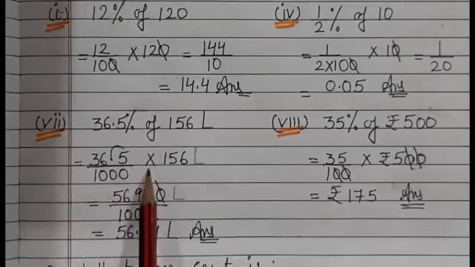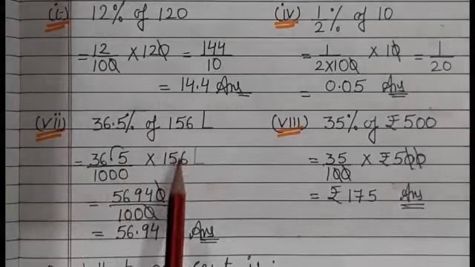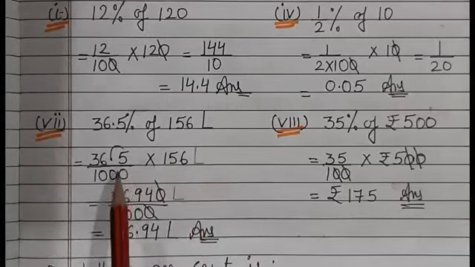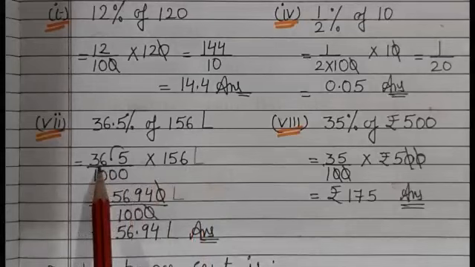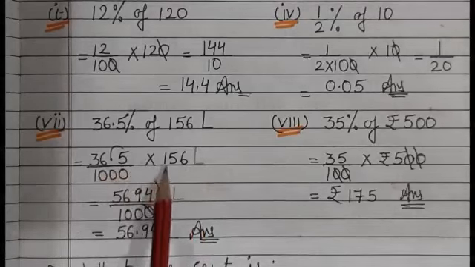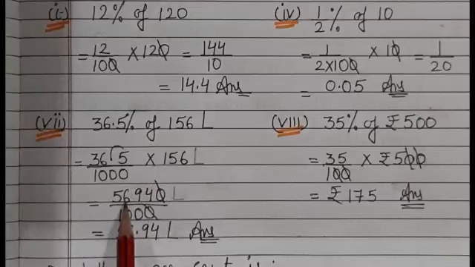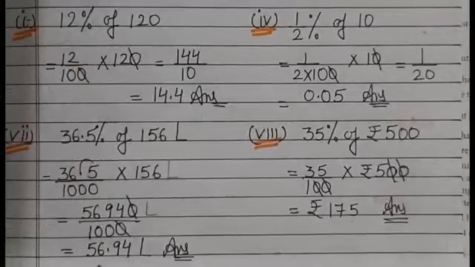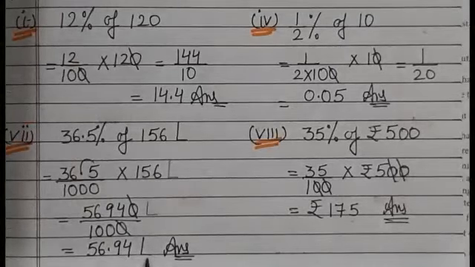Of stands for multiplication, 156 liters. So when we simplify, 365 into 156, when we multiply numerators, 56,940 will come upon 1000. 0 to 0 cancel. 5,694 by 100 liters. We will solve, 56.94 liters will be the answer.